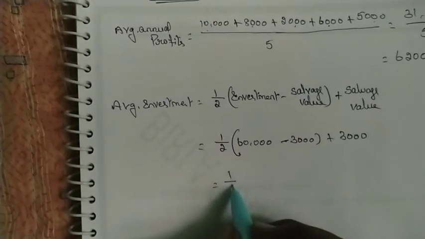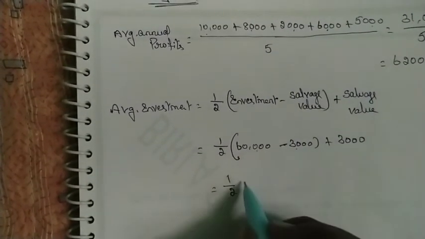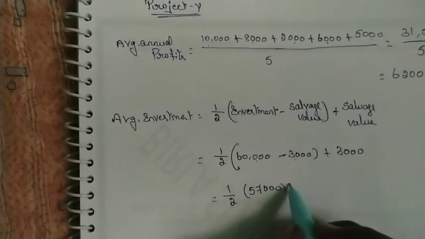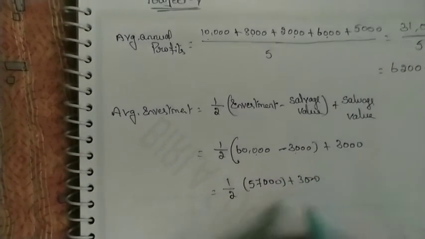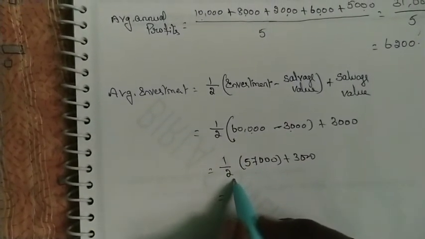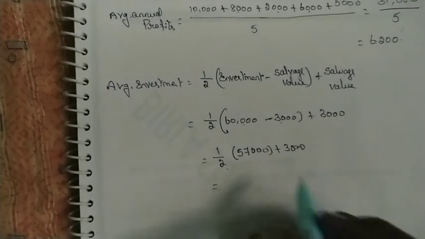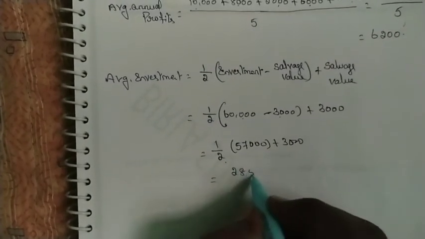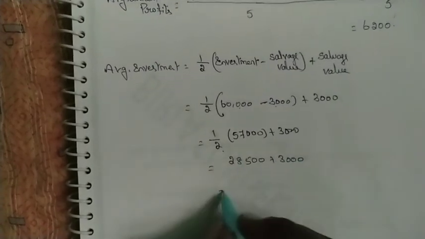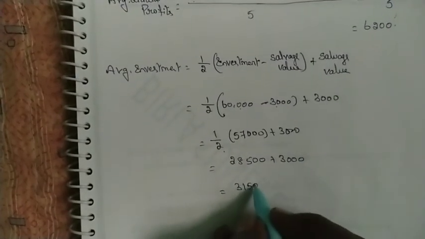Now 1 by 2 into 60,000 minus 3,000, that is 57,000, plus 3,000. So 57,000 divided by 2 is 28,500, plus 3,000. That is 31,500, your average investment.